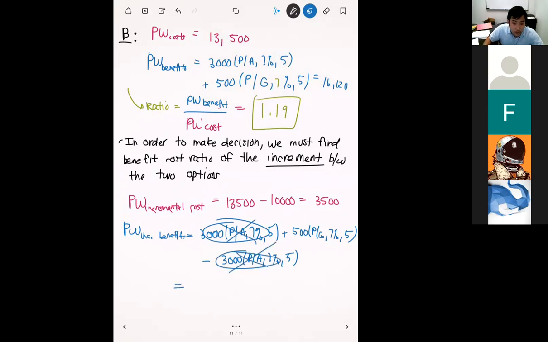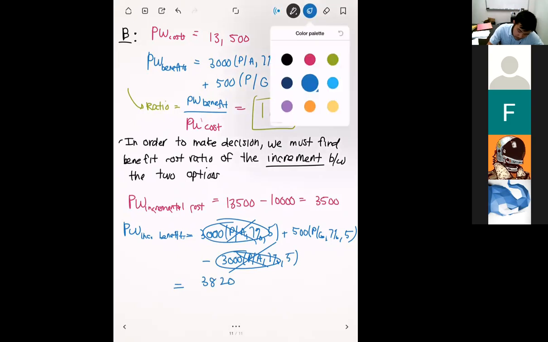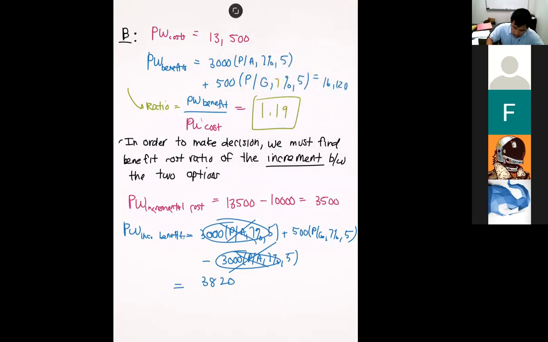If we plug in the conversion factor P over G for 7% and 5 into this equation, our present worth of the incremental benefits is 3,820. Now that we have the incremental benefits and incremental costs computed, we can compute the incremental ratio.